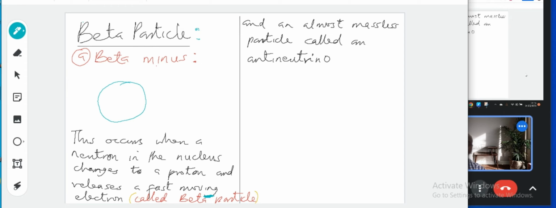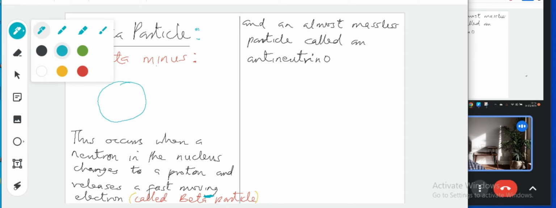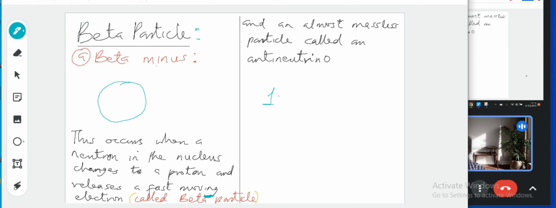Beta minus particle and an almost massless particle called antineutrino. So one neutron changes to one proton, and also releases one electron, which is called the beta particle.